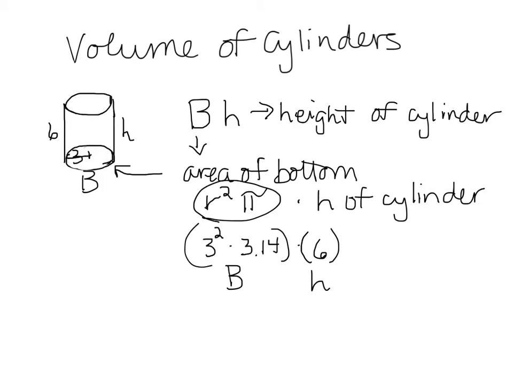I can't quite do that in my head, so I'm going to get out my trusty calculator, and I'm going to say 9 times 3.14. That, if you are curious, is 28.26. And now I'm going to multiply that quantity by 6, and I get 169.56.